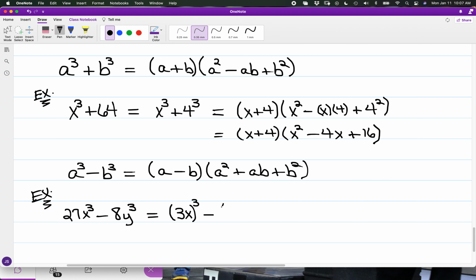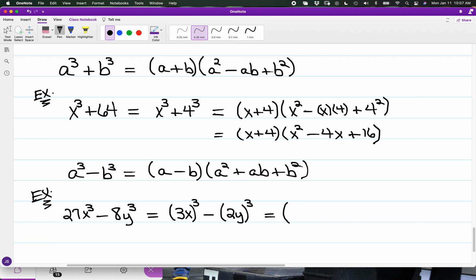So 8y cubed is going to be the cube of 2y. So for what we have here in this layout, A is represented by 3x, B by 2y. And if I were to say in focus, now that represents A and B.